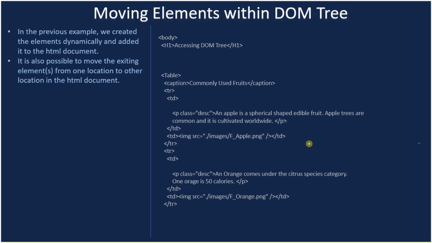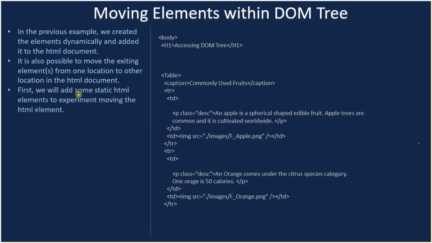Simply stating, you are arranging the document in a more readable way by reading the existing content and moving the content to a different portion. That's what we are talking about here.